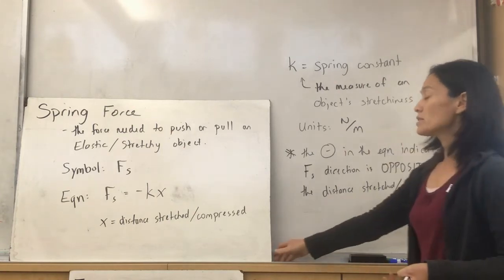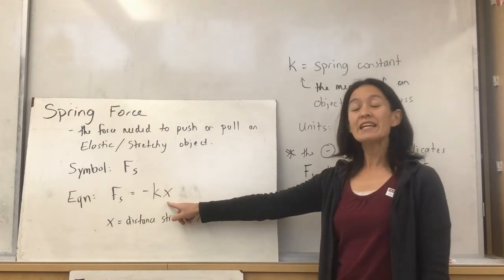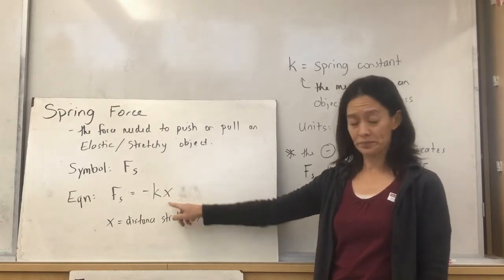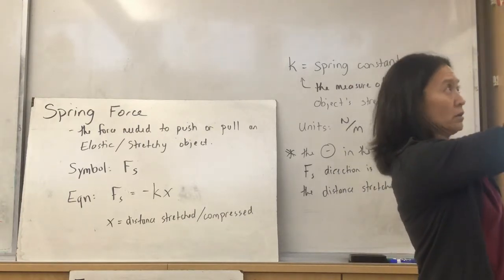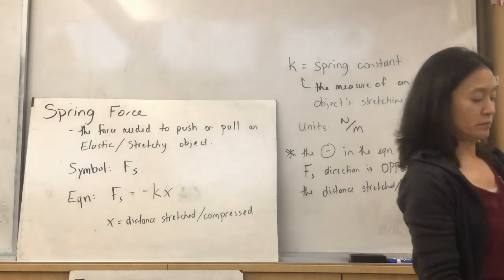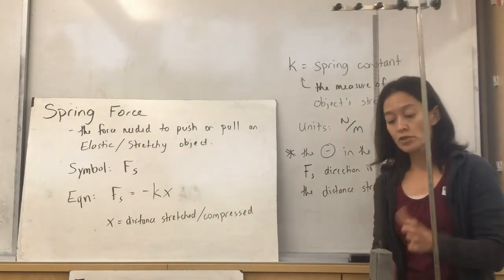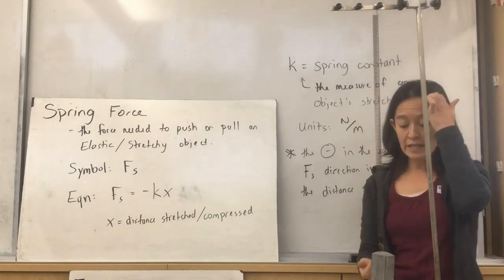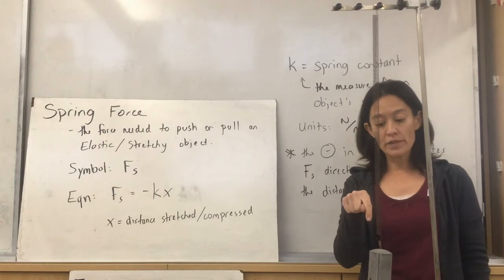The other thing that is unique about spring force is that because it's dependent on x, it is continually changing. In my little model here, there's a certain amount of spring force pulling this up, and right now it's being balanced by the force of gravity.